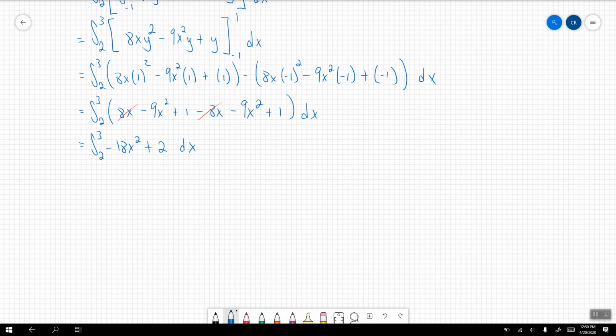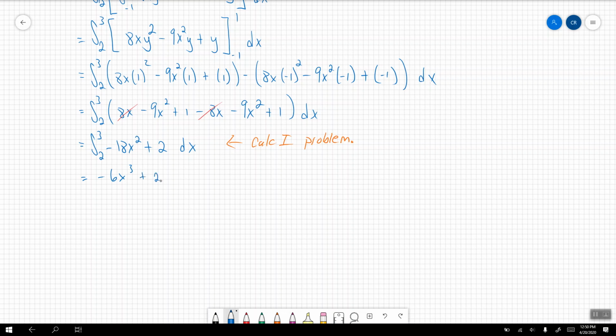Now all we have to do then is integrate this particular function here with respect to dx. So this now just turns into a Calc 1 problem, which is really nice because, again, at this point in time, we can just say, okay, well, from Calc 1, that's going to be real nice here. So that's going to be what? Negative 6x cubed, right? 6 times 3 gets us that 18.